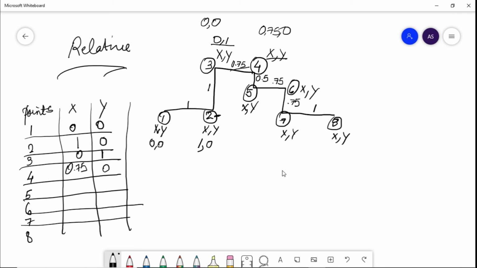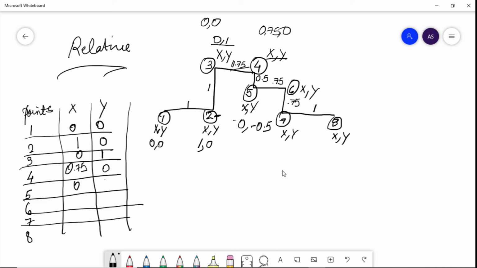Then to reach point number 5, what will be the value of x and y? Now from point 4 we are moving in the negative y direction and there is no movement in the direction of x. So x is 0 here, and there is a negative movement in the direction of y, and this side is 0.5.